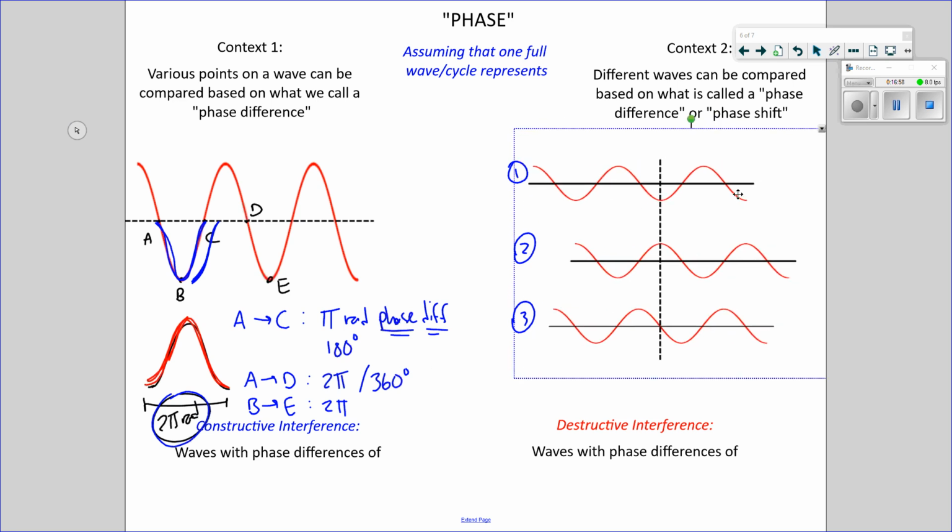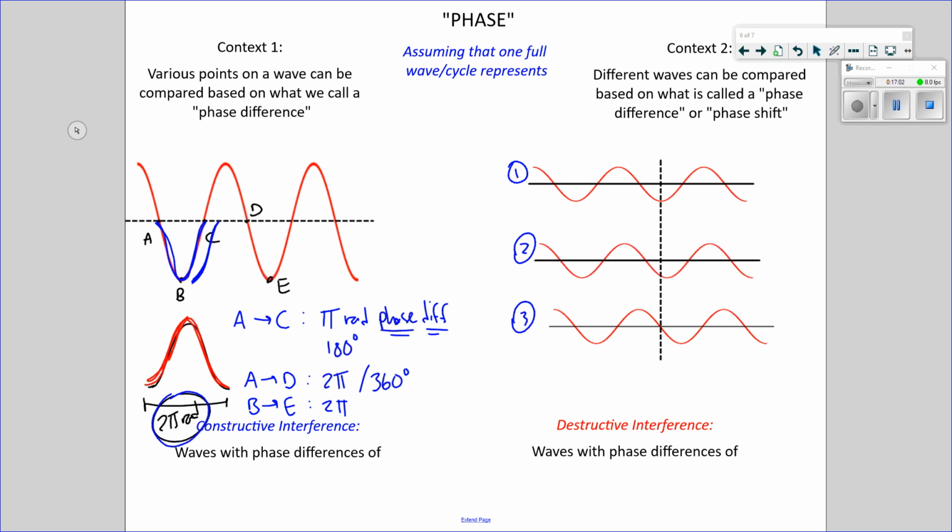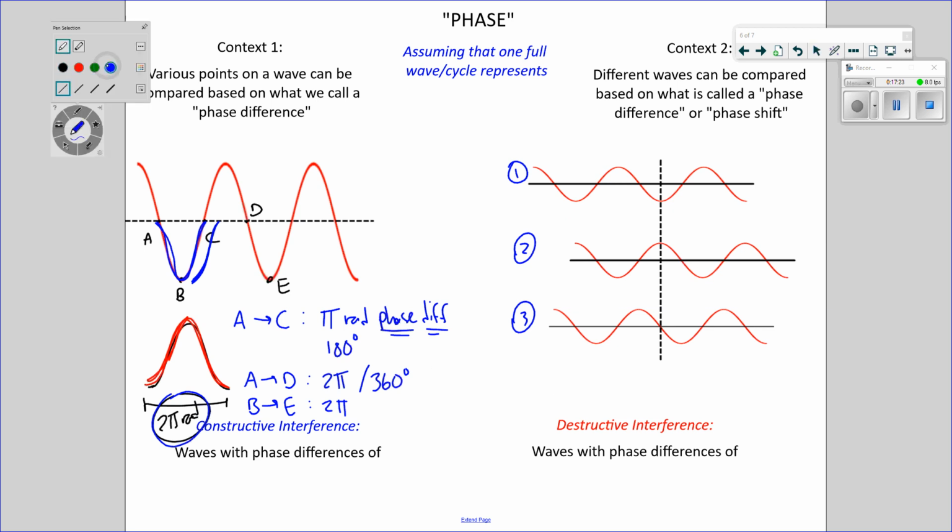We could match this one up like that, but then if it was shifted over to here, notice we've shifted it over half of a wavelength, right? So from 1 to 2, waves 1 and 2 have a pi radian phase difference.